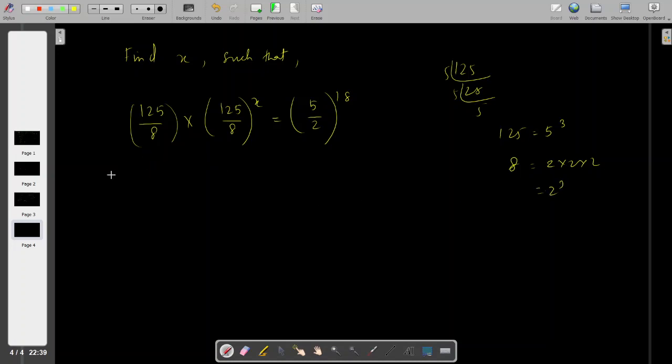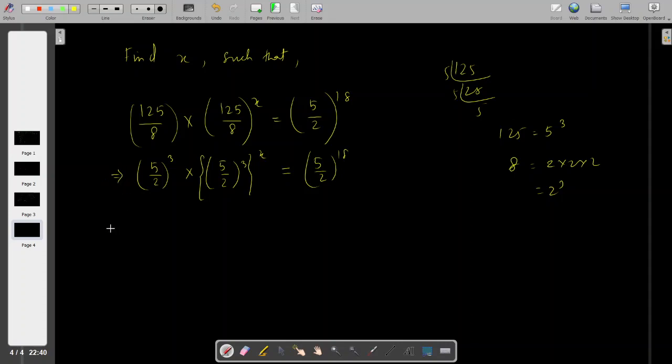So you can put here (5/2) whole cube, into here also (5/2) whole cube, and there is x. As you know, in the previous sum you have already seen the powers get multiplied. Still I'll write one more step: (5/2) to the power 18.